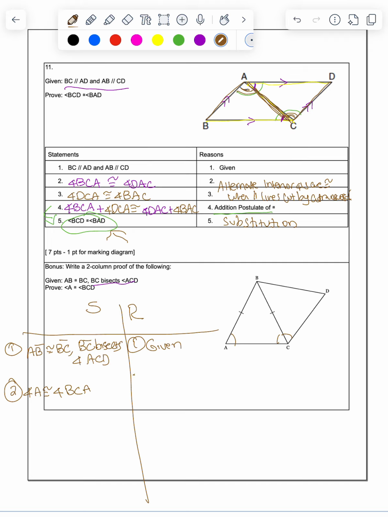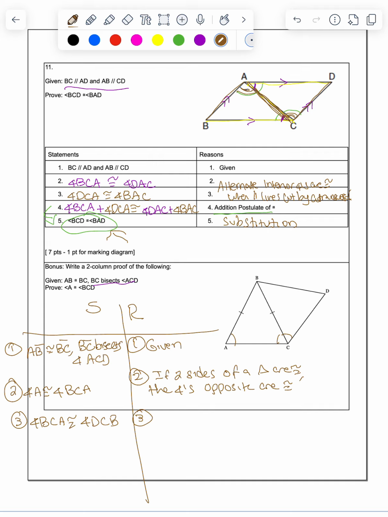You should not write base angle theorem. You should write out what you're saying. If two sides of a triangle are congruent, the angles opposite are congruent. And now I'm going to say that angle BCA is congruent to angle DCB.